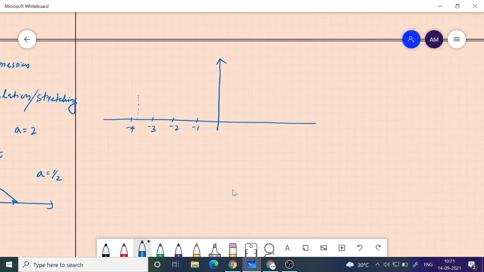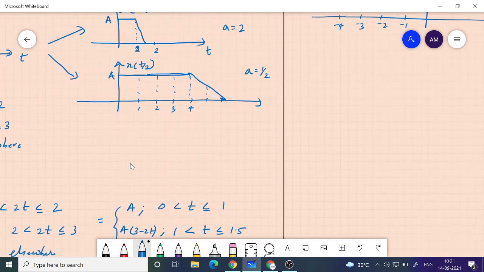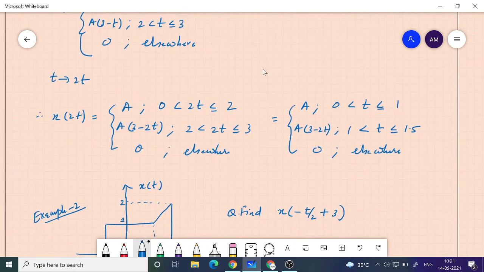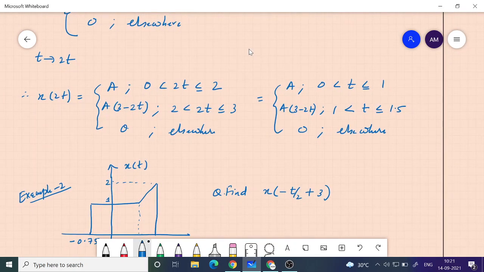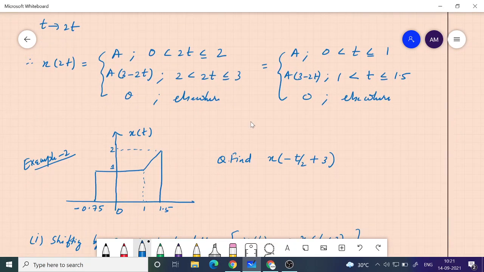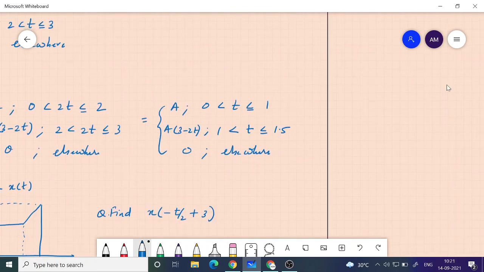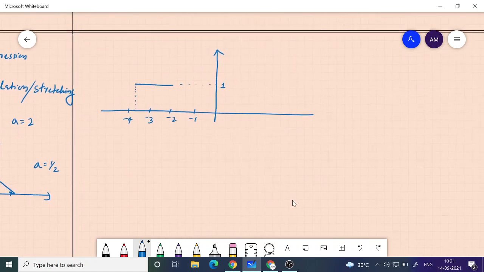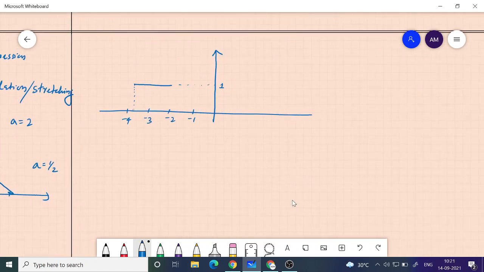We start here and then go to minus 2. This is going to remain at 1. After that, it rises to 2 in half a unit. So half a unit means from minus 2 to minus 1.5.